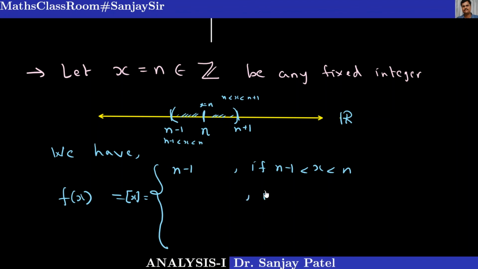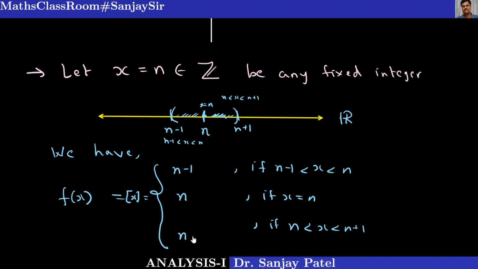And if the real number x is n, then bracket of n is n itself. But if x is between n and n plus 1, then if x is anywhere here, then this n is the largest integer which is not greater than x.